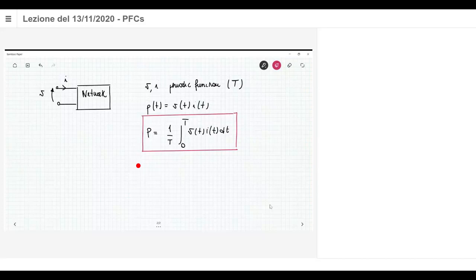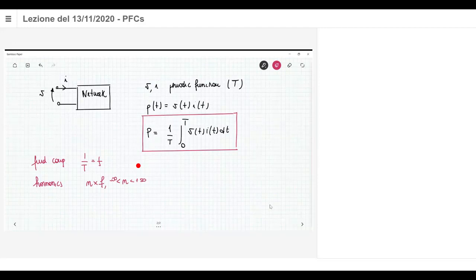The fundamental component has frequency f, which is equal to 1 over T. So you have harmonics n times f, with n an integer that goes from minus infinity to plus infinity.